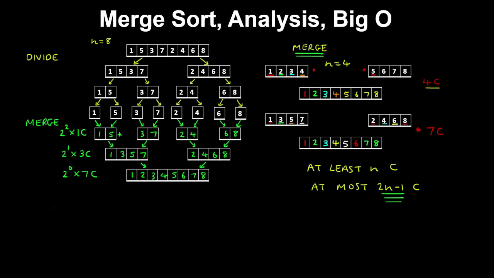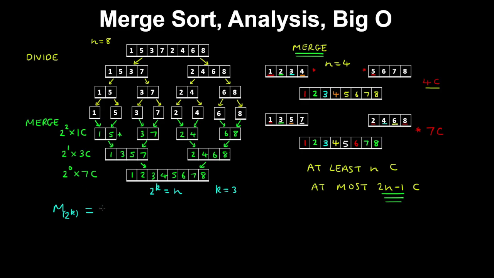So generally, to write our recurrence relation, we have M with subscript 2 to the k, and 2 to the k is equal to the number of elements. So in other words, in this case, k is equal to 3. And this is the total number of comparisons.